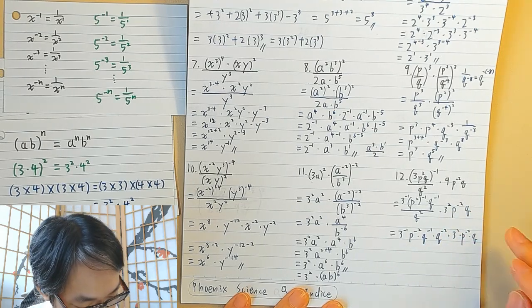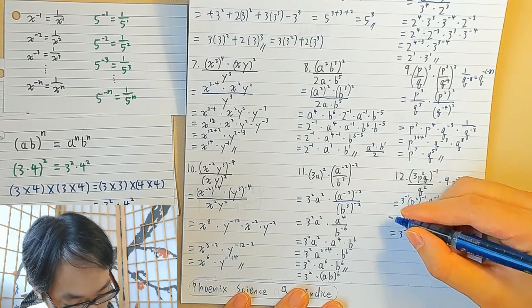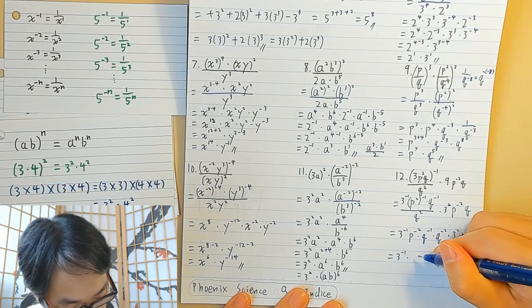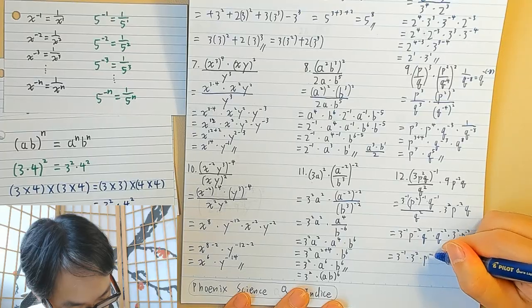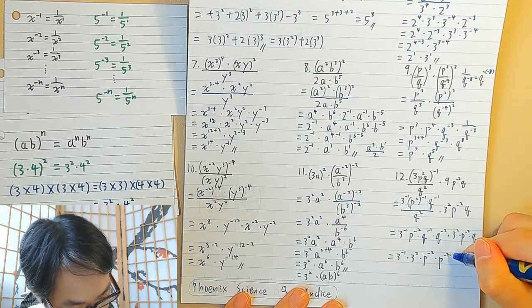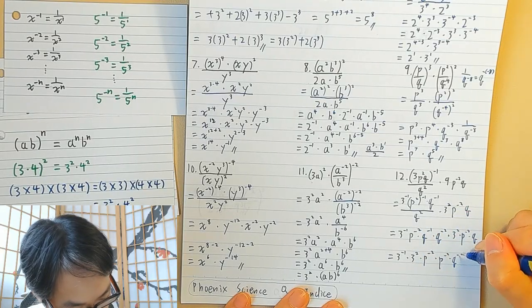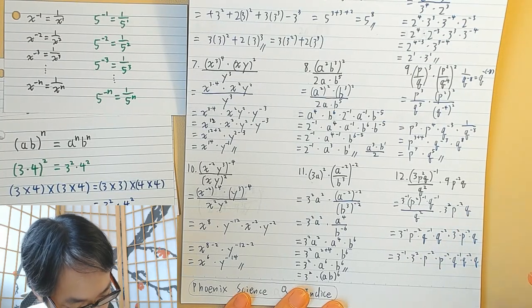So then for the p, they're all multiplying together, so we can rearrange. Times negative 1 times 3 squared times p to the power of negative 2, with another p here, p to the power of negative 2. We have 3 q's, so q to the power of 1 times q to the power of negative 2 times q.